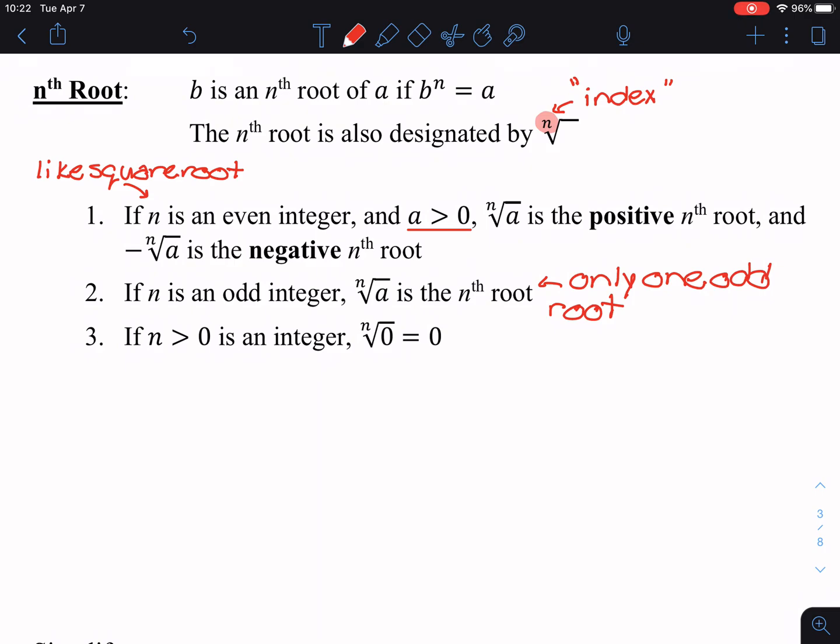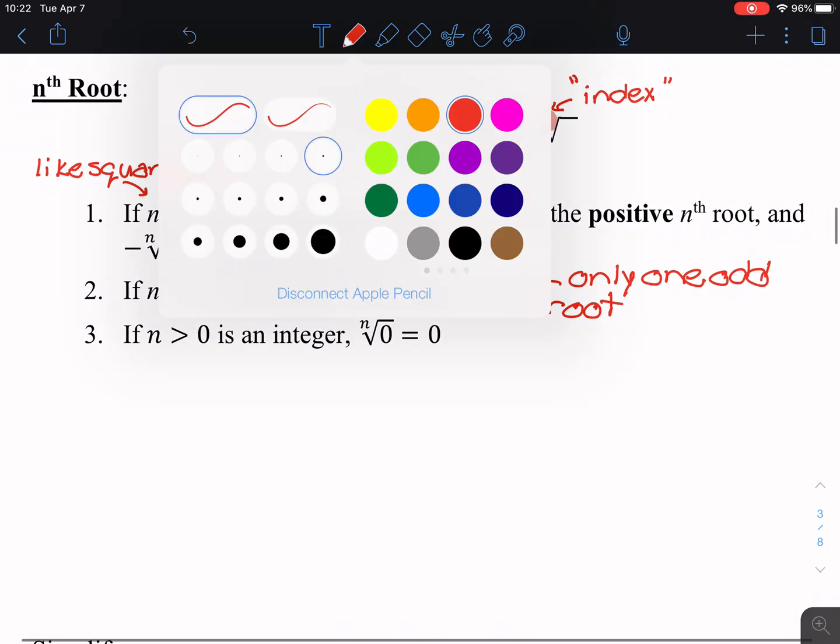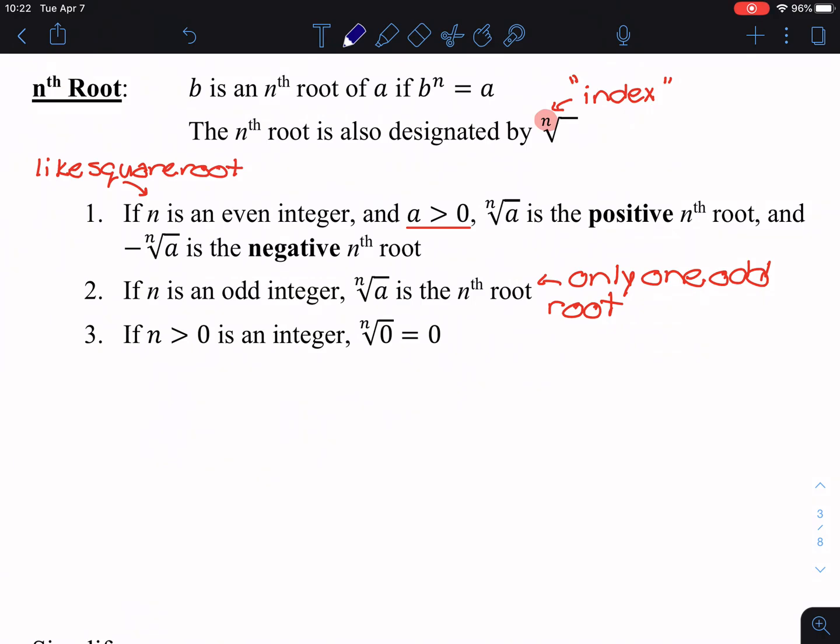Let me summarize what this means when we take an even root versus an odd root.